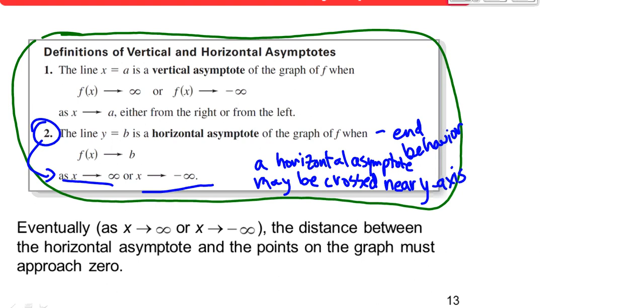And the important thing for that horizontal asymptote is that it is talking about end behavior, and as the graph is near the y-axis, it can cross that asymptote because this is just talking about eventually as x goes to positive infinity or negative infinity. So for a horizontal asymptote, it's just a little different than a vertical one.